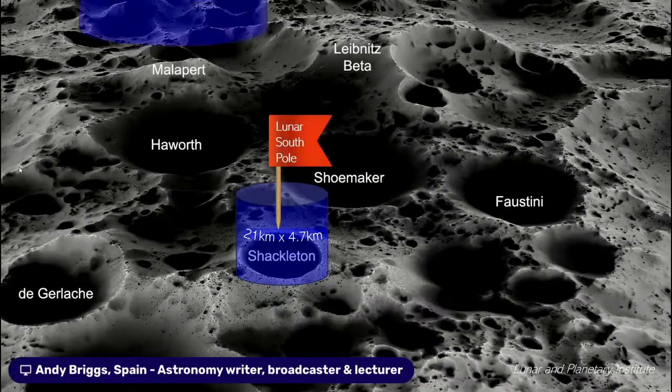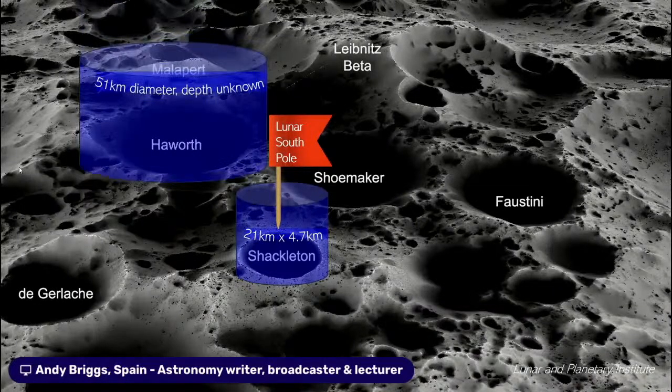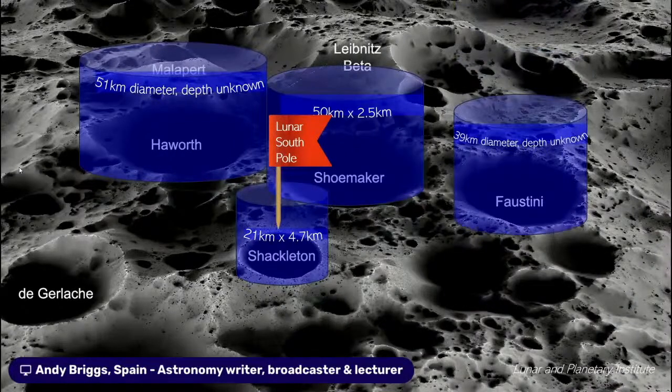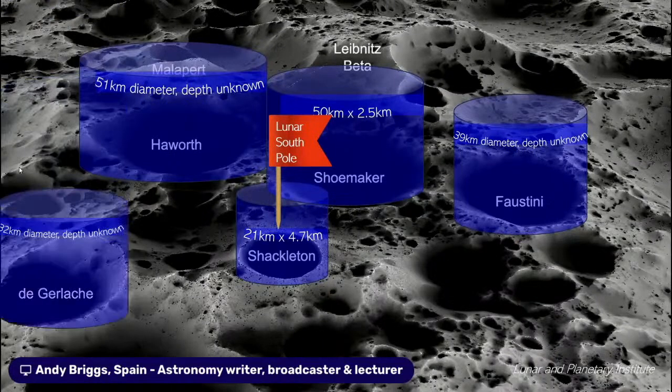But we've got some bigger ones around it. We've got Hayworth, for example, 51 kilometers, its depth unknown. We've got Shoemaker, named after, of course, the famous scientist Eugene Shoemaker, 50 kilometers wide by 2.5 kilometers deep. Faustini, 39 kilometers wide, depth unknown.